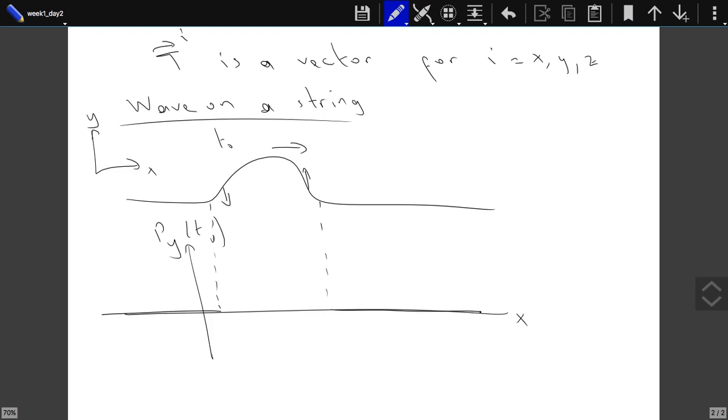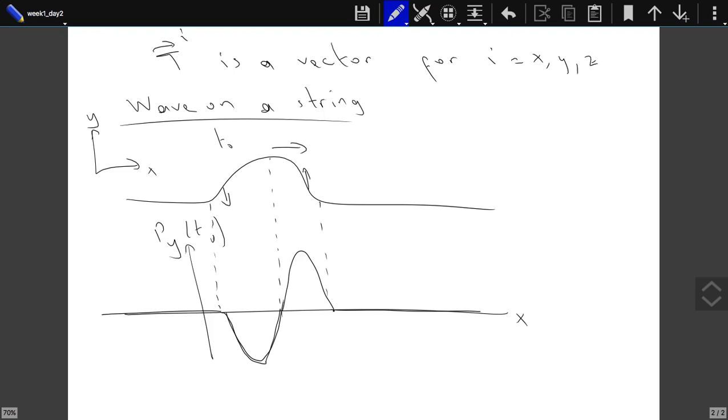These particles are moving in the minus y direction, so at this point there is negative momentum. Then at the maximum point, it's neither moving up nor down. At this instant it is at rest, so the linear momentum is 0. To the right of it, the linear momentum is positive in the y direction. So this is what the momentum looks like in this wave.